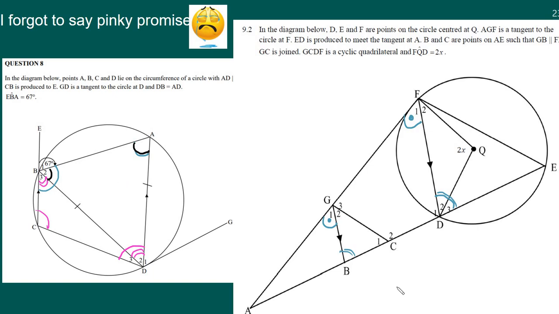We need that. And even here you can tell that since FQ is equal to QD, radii, D2 and F2 are equal and both should be X if ever they ask you. So it's good to always identify that.